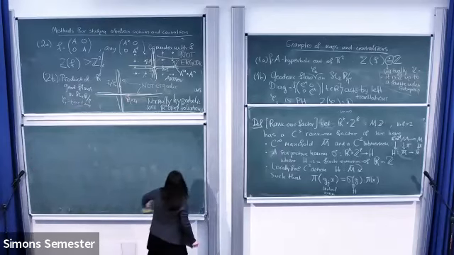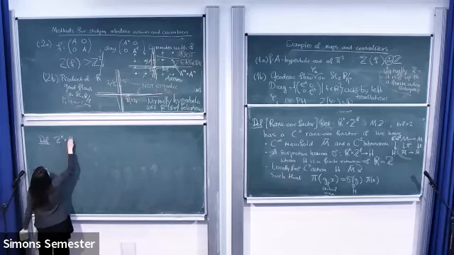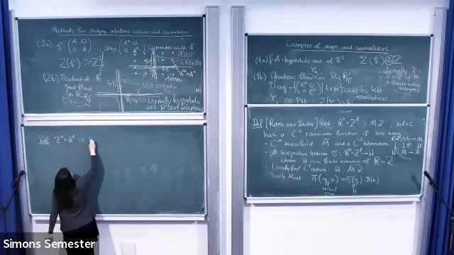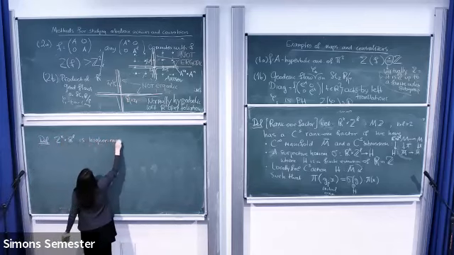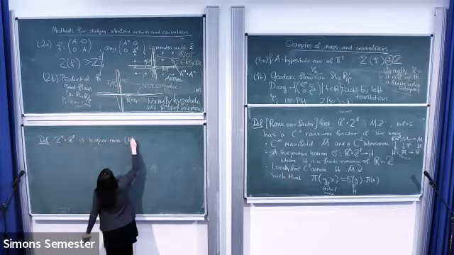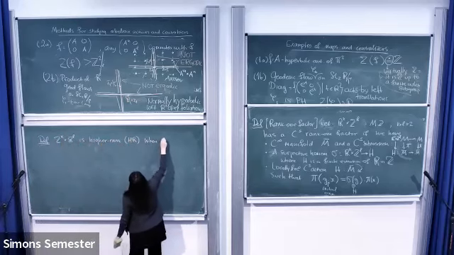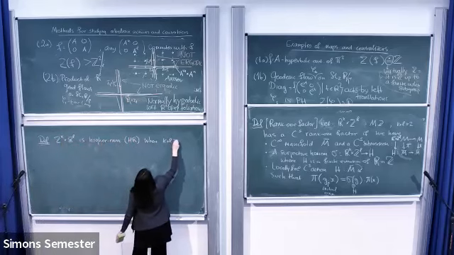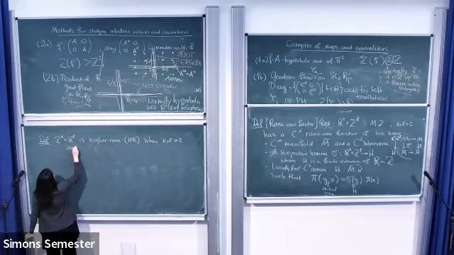So Z^k plus R^l is higher rank, and I'll write it usually like this, when k plus l is bigger than or equal to 2, and no rank 1 factors.